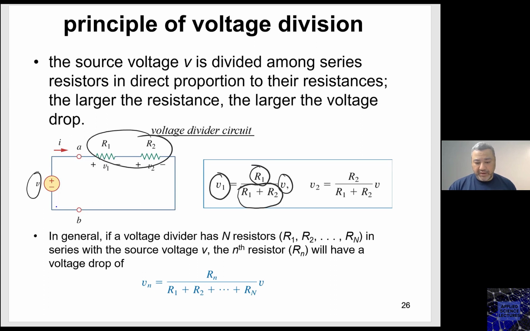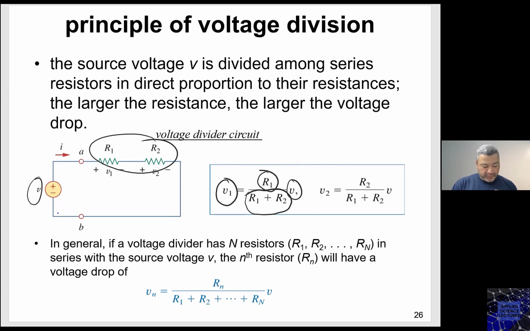Any question about that? Any question about the voltage division? So the same thing for V2. It's proportional to the resistance that I'm interested to calculate the voltage drop across to the total resistance that the voltage source here is seeing.